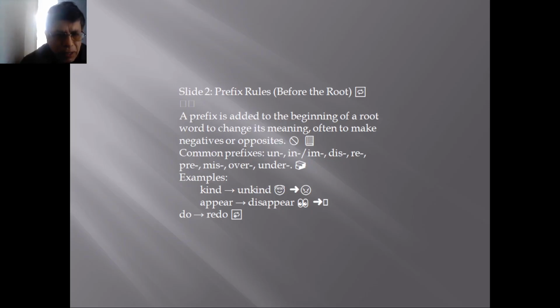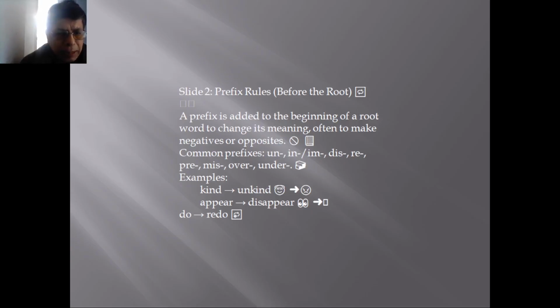Common prefixes are un, in, im, dis, re, pre, mis, over, under. You have to learn the meaning of these prefixes before adding them at the beginning of a root word.